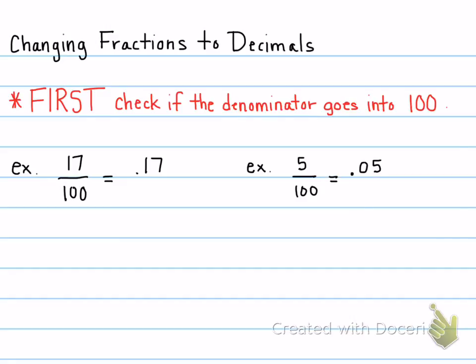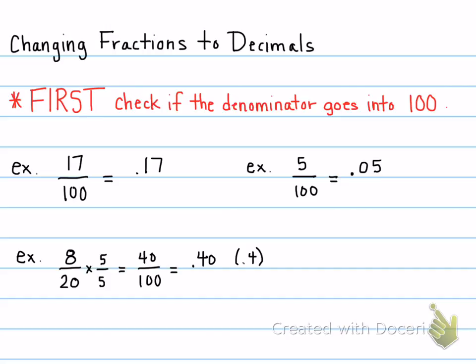So when you're looking at a fraction like 8 twentieths, if you can make the denominator 100 by multiplying by a value of 1, so 20 times 5 is 100, so multiplying by 5 over 5, you can see that this is 40 over 100, which you could write as 40 hundredths or 4 tenths, because you don't need that extra zero.